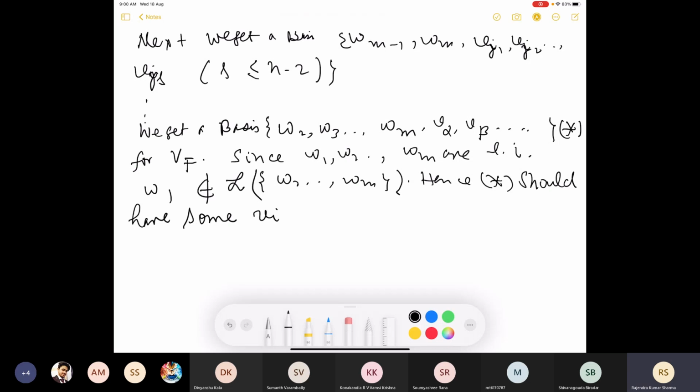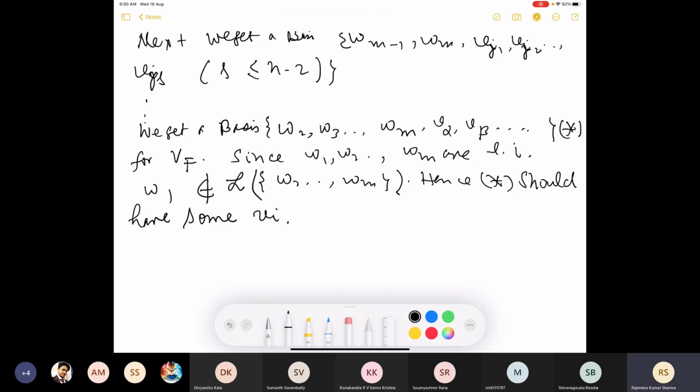So in this process, what we have done is that we have pushed in m minus 1 number of W's, namely W2, W3, Wm, and every time at least one V has been thrown out.